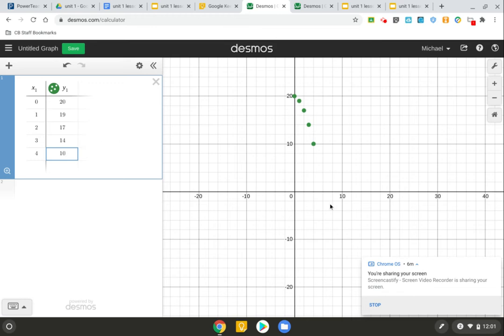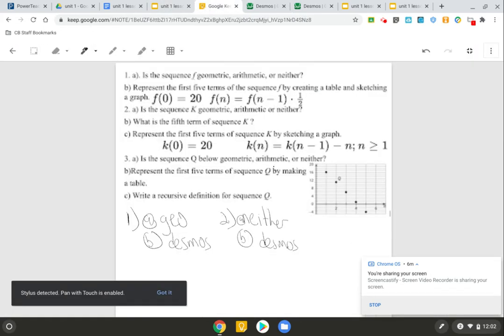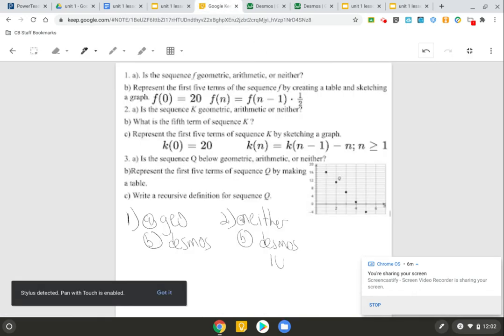So to answer the question, what is the fifth term of sequence K? The fifth term, we just figured out, is 10.